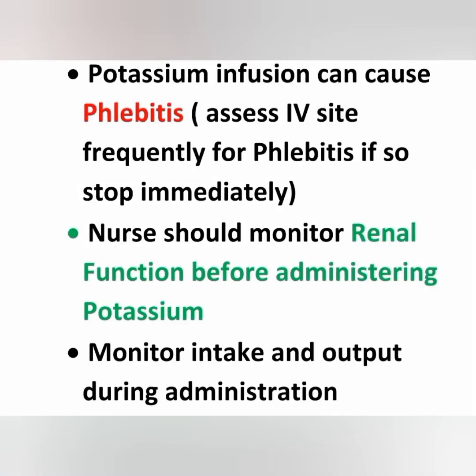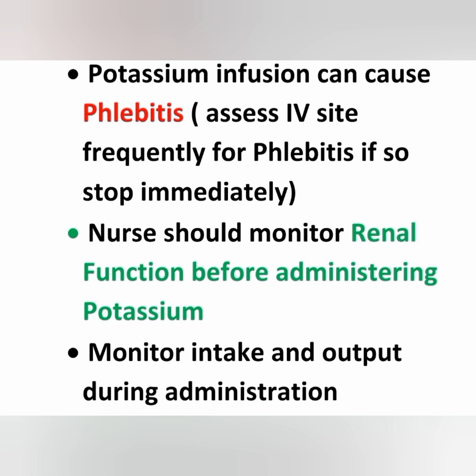Potassium infusion can cause phlebitis, which means inflammation of the vein. So while administering potassium, we should assess the IV site frequently for phlebitis. If there is edema, swelling or redness, we should immediately stop the administration.